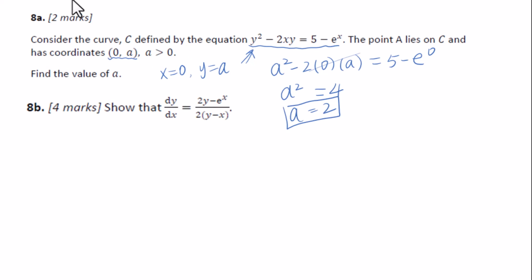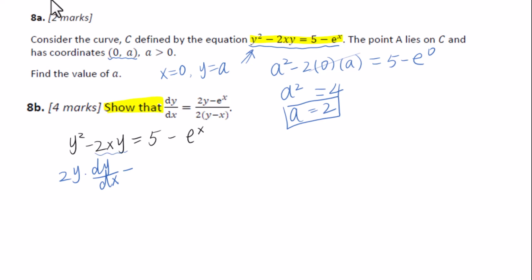Show that dy by dx equals (2y minus e to the x power) all over 2 times (y minus x). When you see "show that", you need to show the steps clearly. We have to use implicit differentiation to solve for dy by dx. 2y times dy by dx, minus 2xy.